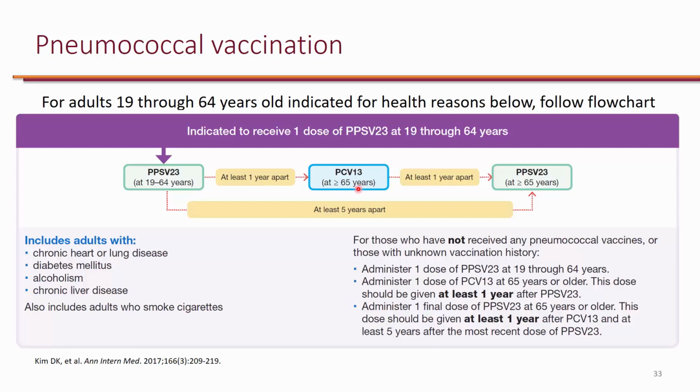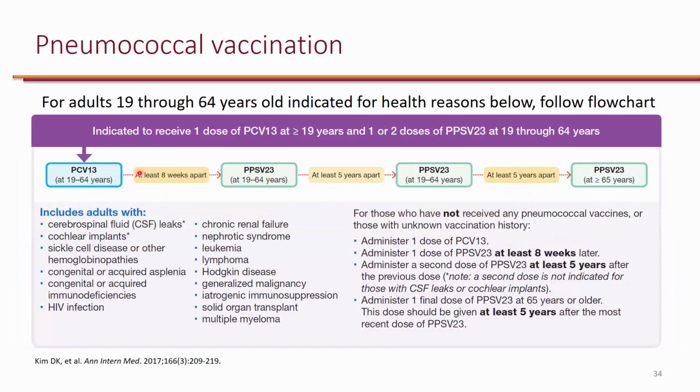So once they turn 65, you give the PCV 13, and then a year later, they get the PPSV 23. So even though these patients got PPSV 23 prior to age 65, because of the low immunogenicity, the effect doesn't last. So they need to get 1 more dose once they turn 65. Whereas PCV 13 is a 1-dose deal. Once you get the dose in your life, you don't need to get it again.